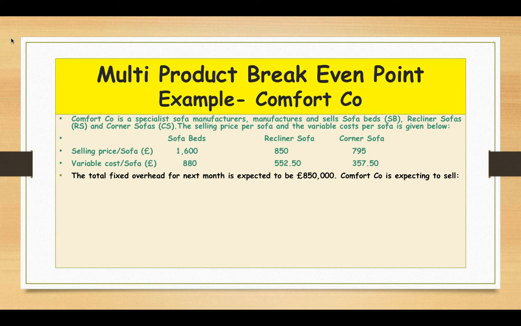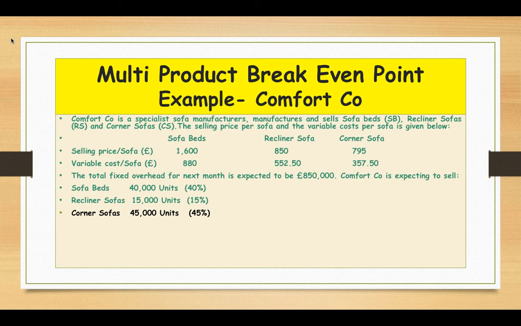The total fixed overhead for next month is expected to be £850,000. Comfort Company is expecting to sell sofa beds 40,000 units, recliner sofas 15,000 units, and corner sofas 45,000 units.